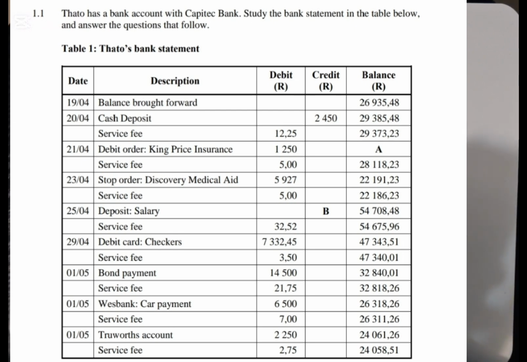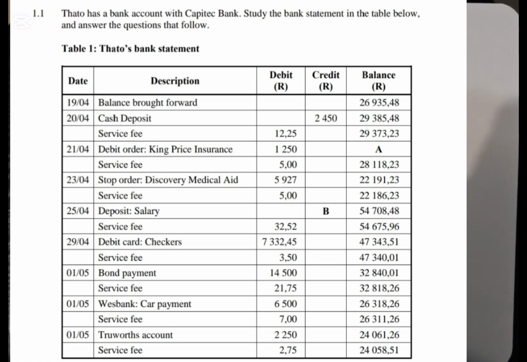Table 1 is Tato's bank statement with date, descriptions, debit, credit, and balance. So we can see that it's from the 19th to the 1st of May.